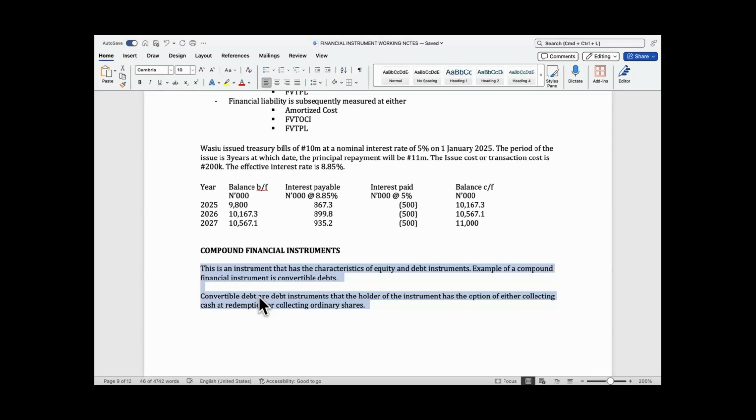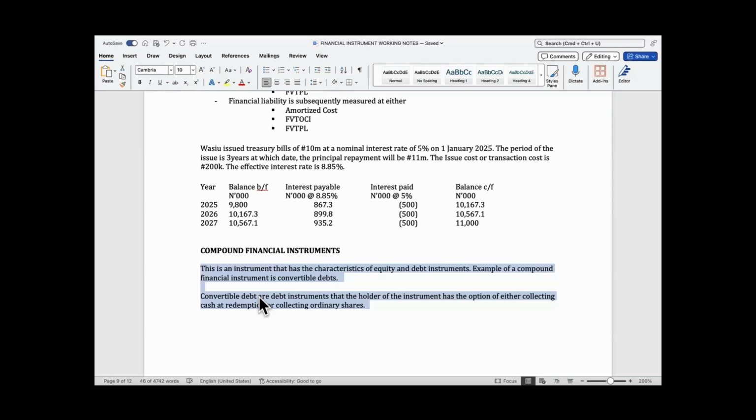Because we are not sure whether the investor will convert to shares or collect money back. If we are going to give back the investor their cash, then we would account for this instrument as a financial liability, because a financial liability is an obligation to deliver cash.